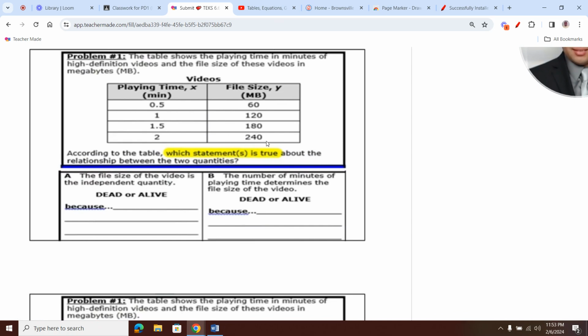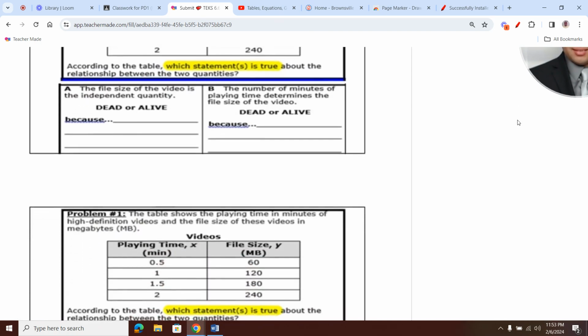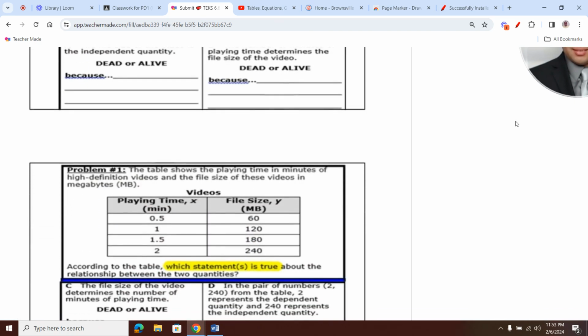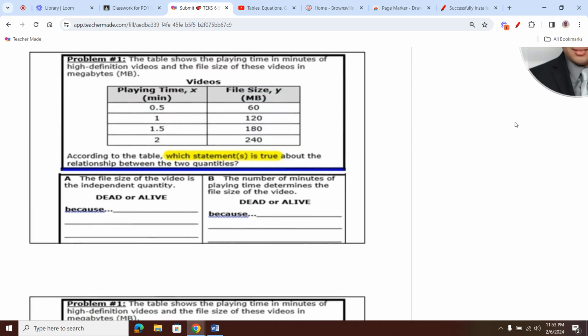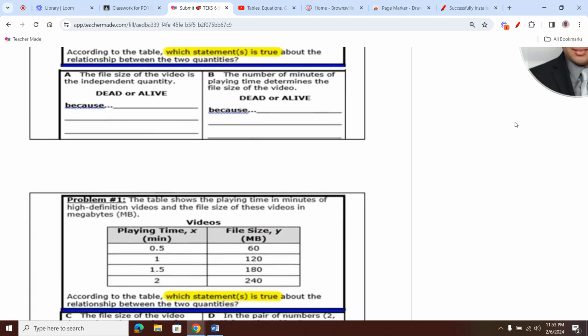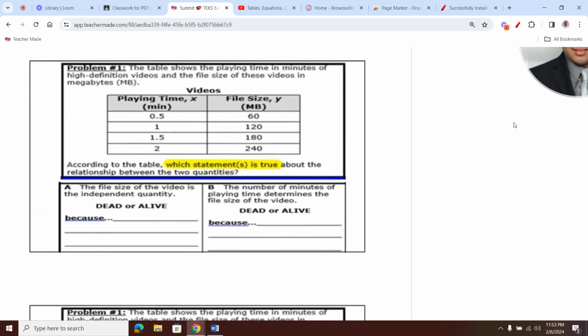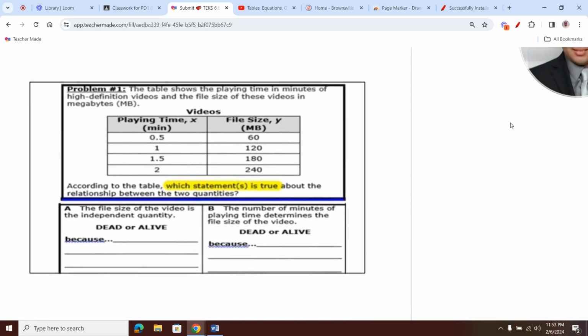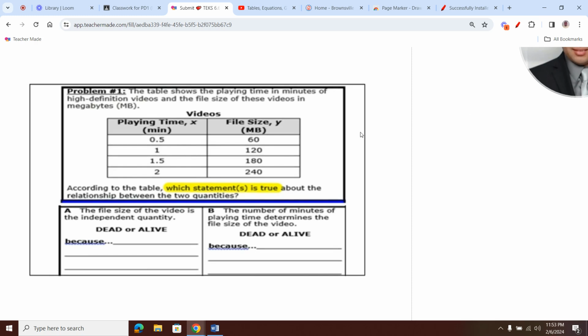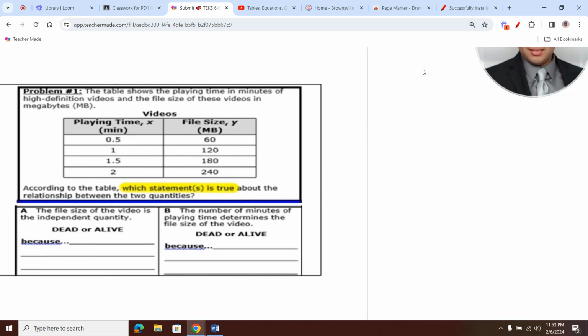I'm going to do this one with you, and then of course you're going to do that one by yourself. This one you will do on your journal. So I'm going to put here, pretend this is my journal number 1.